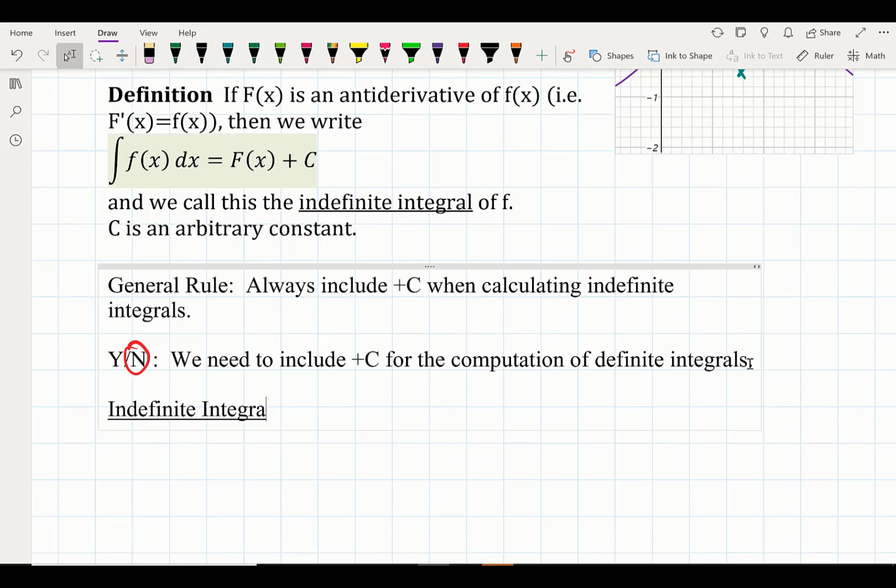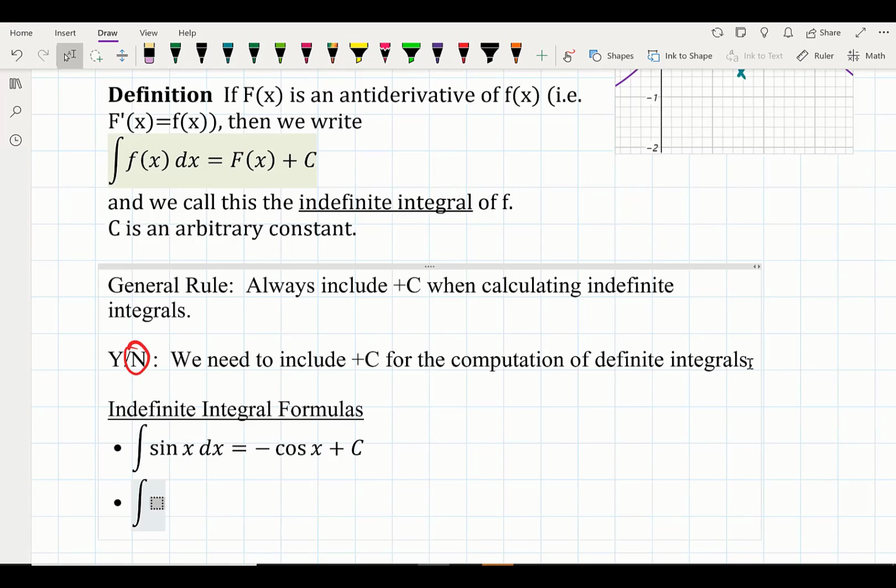I can now rewrite all of those in the context of indefinite integrals instead of antiderivatives, but all the formulas are going to be the same. For example, we just saw that the indefinite integral of sine is negative cos.